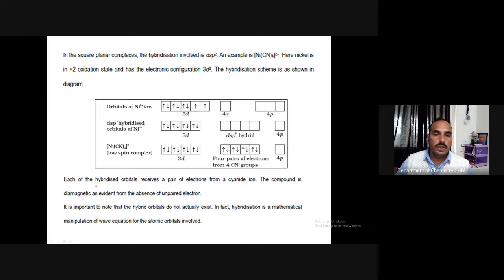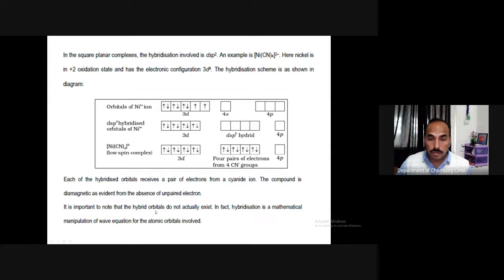Each of the hybridized orbitals receives a pair of electrons from the cyanide ion. The compound is diamagnetic as evident from the absence of unpaired electrons. If you are asked a question, based on this valence bond theory model, explain the bonding model for this complex, this is how you should show the bonding: the box diagram, and then you can show the hybridization and how you explain the properties.